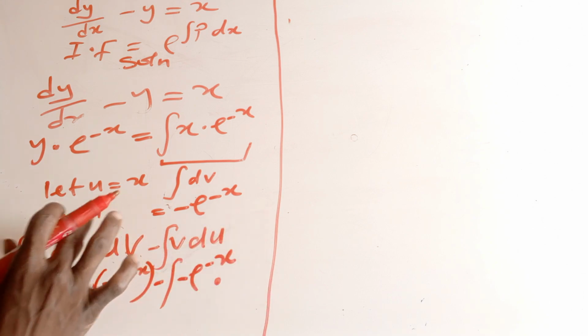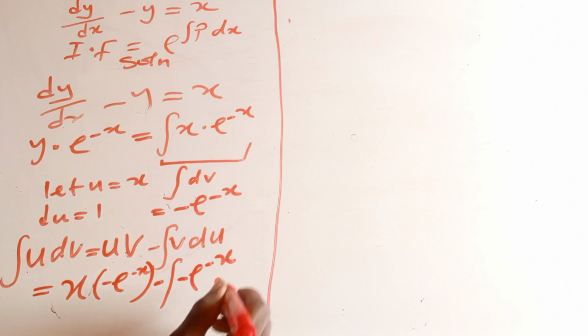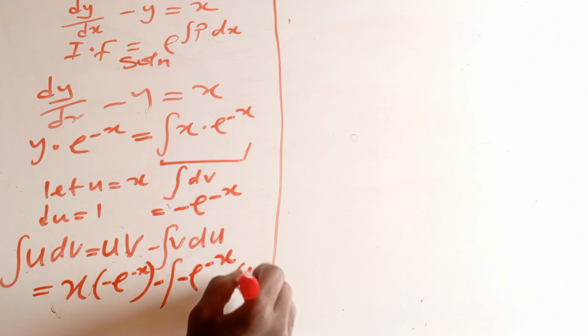Du is equals to what? That is du is equals to 1. We multiply by 1.